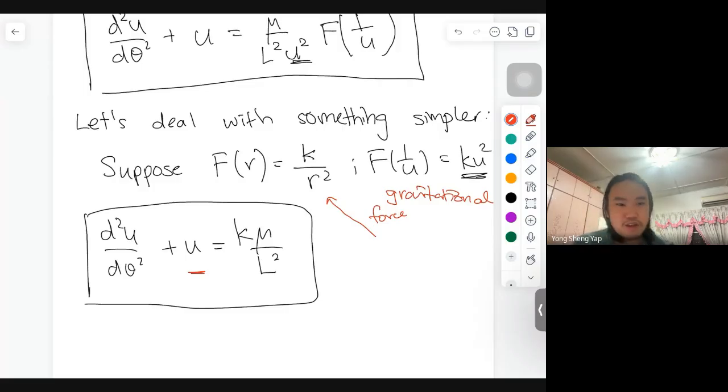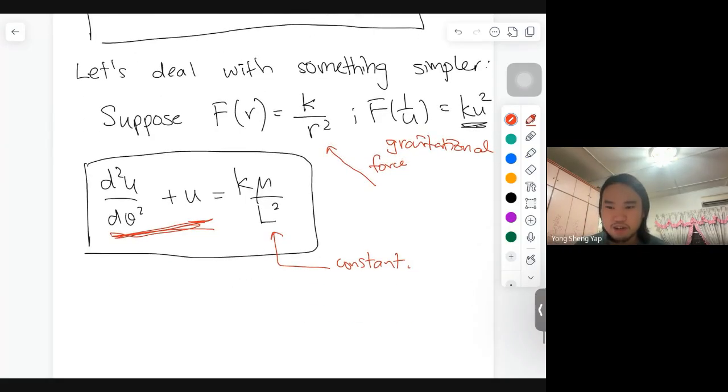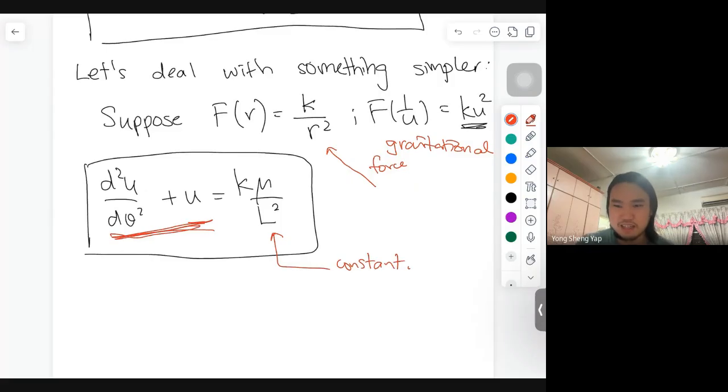So does anyone know how to solve this equation? Here k is a constant, mu is the reduced mass, it's also a constant, and l squared, as we said before, is a constant because it's conserved, so the right hand side is a constant. Anyone know how to solve this equation? I'll give you a hint. It has something to do with the lecture last week.